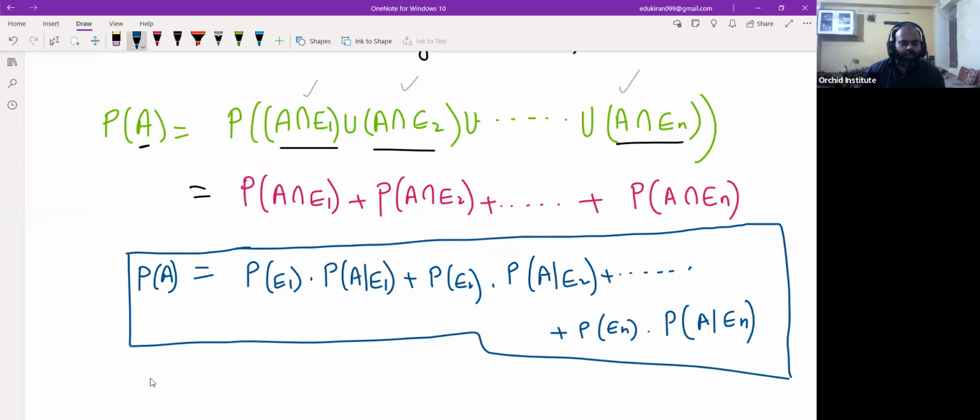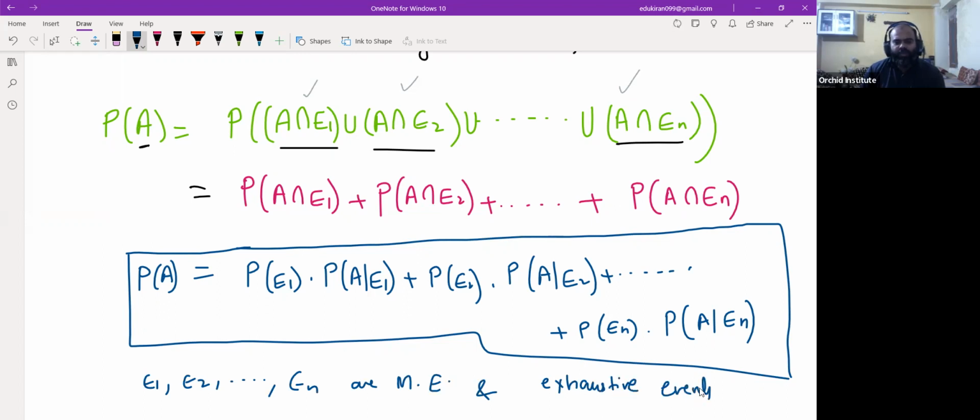The only thing is that E1, E2, En are mutually exclusive and exhaustive events. That is, there is nothing common between E1, E2, En pairwise, and all of them when combined will give you the sample space. So for any event A, its probability can be found out like this.